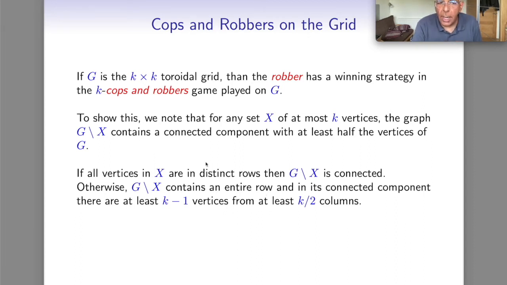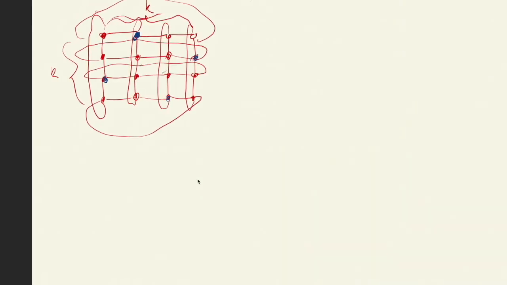Now, we have a row. In this case, for example, suppose the bottom row has no elements of X in it. Look at the columns. Look at which vertices in the columns are connected to it.